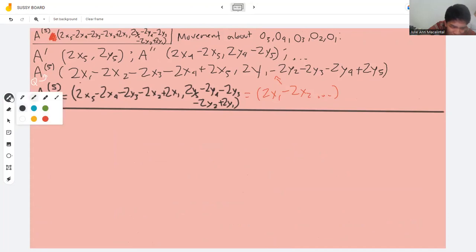Really, all that there is to it, and the analytical geometry proof is simply using the midpoint theorem and just keeping on doing it brute force.